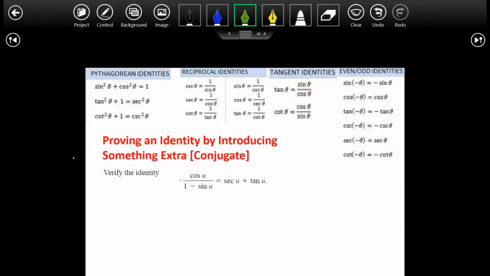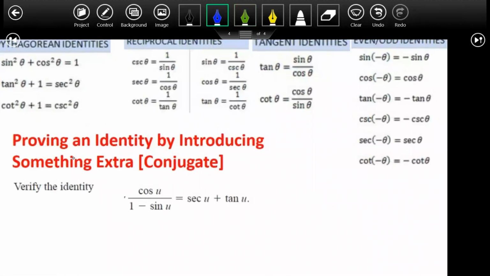So copy down this one. And I'm going to reference this as, this one has to be referenced as the conjugate. And the conjugate, I'm going to reference this in blue when I get to it.